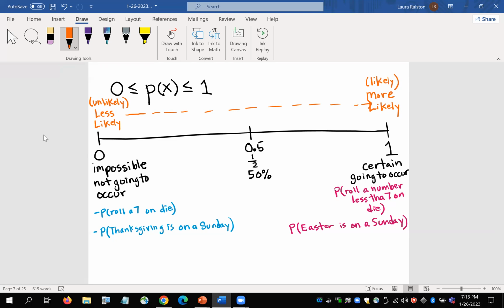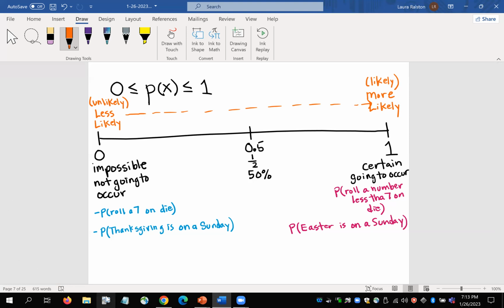So if I have a probability that's kind of close to 0, we tend to think that that's very unlikely. If it's between about 0.5 and 1, or the closer I am to 1, the more likely the event is to occur. Again, we think about it like a thermometer. The closer you are to one end or the other. If you get middle of the road, you could go either way.